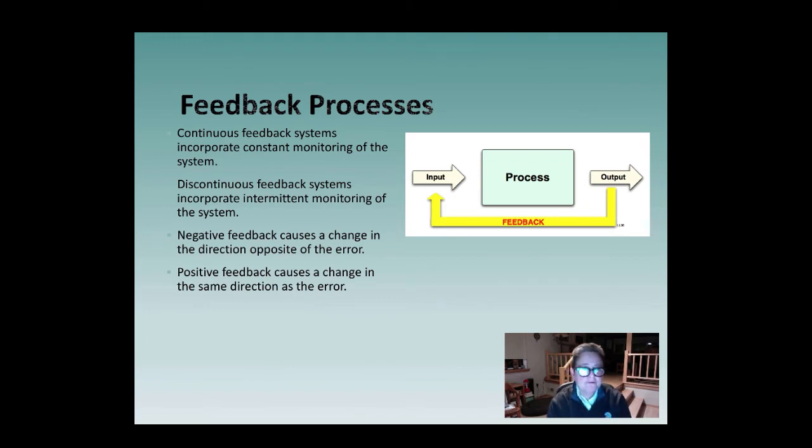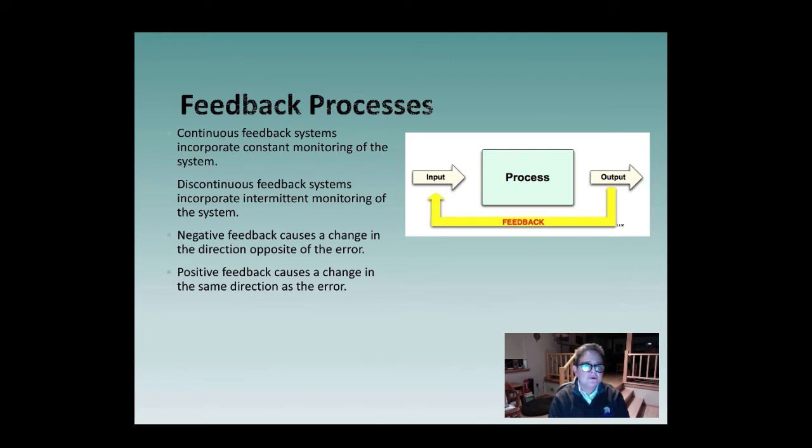Also, feedback systems can operate in a continuous feedback fashion or a discontinuous feedback fashion. In a continuous feedback system, there's constant monitoring of the system. In a discontinuous feedback system, there's intermittent monitoring of the system.